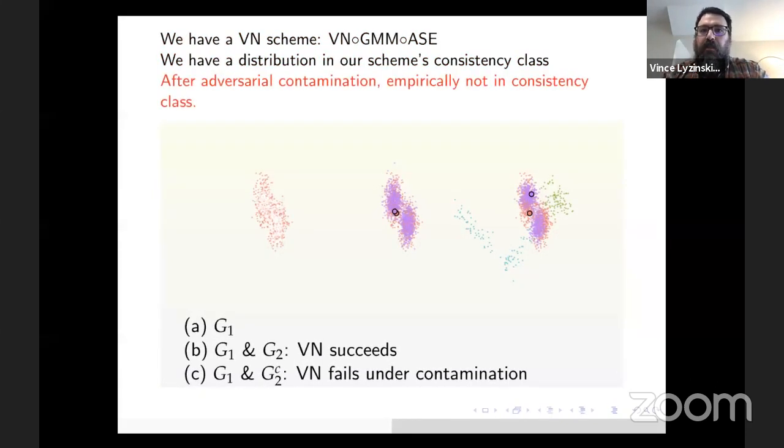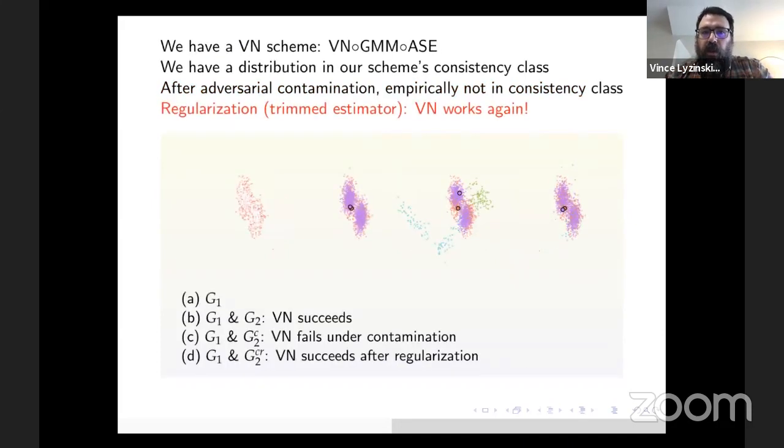After you contaminate, empirically, and I think we are able to show more rigorously, that after the contamination the 6-block model is no longer in the consistency class with certain contamination parameters. And after we do the trimming, which is the regularization, this trimmed mean estimator, VN works again.